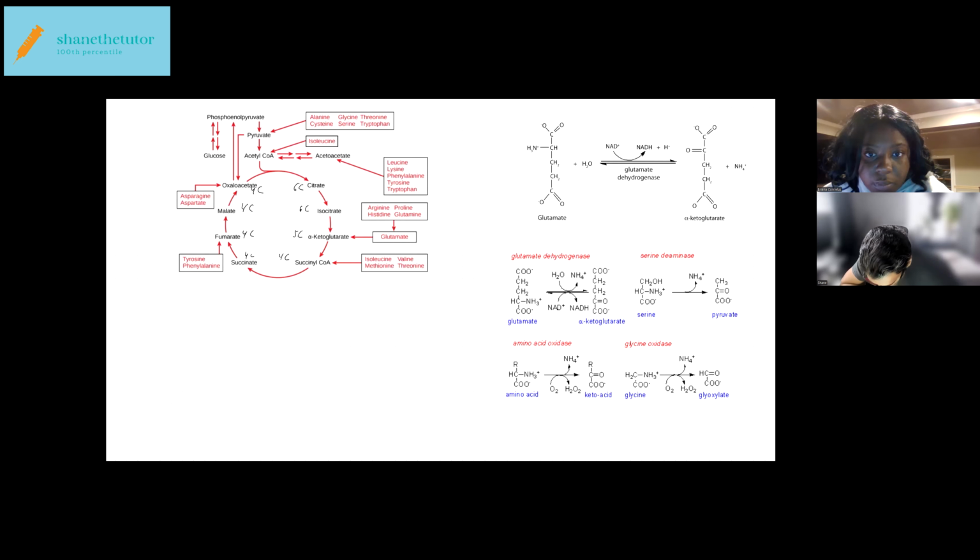And then amino acid oxidase is when you turn an amino acid into the alpha keto acid. A good example of that is alanine, because you can see that here.